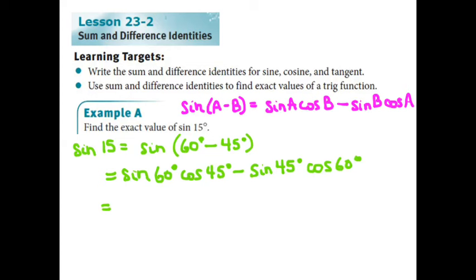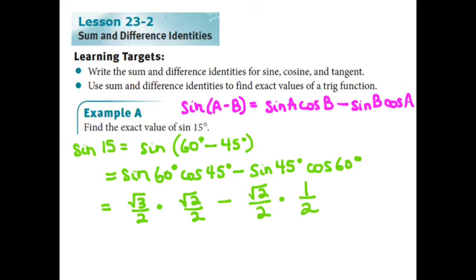So sine of 60 degrees, that is the square root of 3 over 2. Cosine of 45 degrees is the square root of 2 over 2. Minus sine of 45 degrees, also square root of 2 over 2, times the cosine of 60 degrees, which is 1/2.